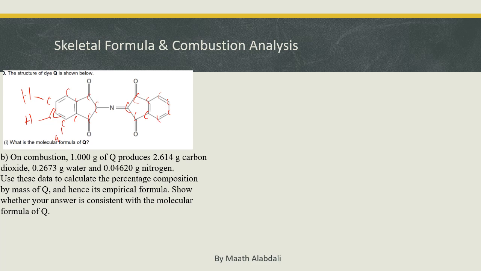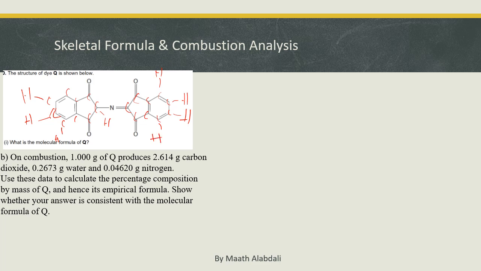This one has 1, 2, 3, 4 hydrogen. Nitrogen has 3 bonds, 1, 2, 3. Carbon has 4 already. And then another hydrogen in here, another hydrogen in here, another hydrogen in here.